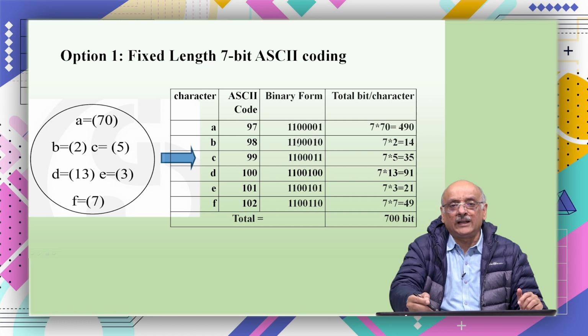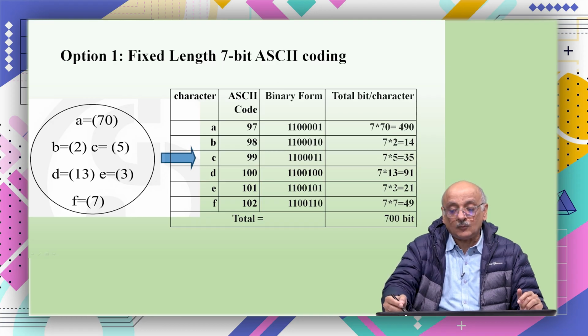So, this is for A, this is for B, C, D, E and F. So, these 7-bit codes are there. What was the frequency of A? 70. So, it will be 7 into 70, like that you compute for every alphabet.